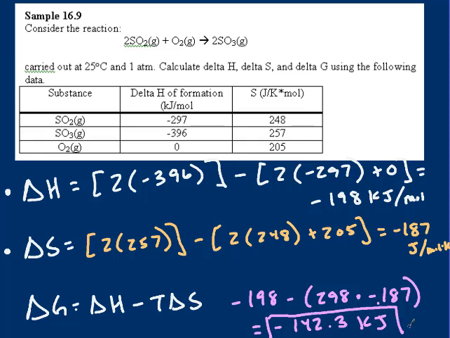So for your delta G, you should have converted your delta S to kilojoules, so that was negative 0.187. Plugging that in, you get negative 142. So this reaction is thermodynamically favorable since we have a negative delta G.